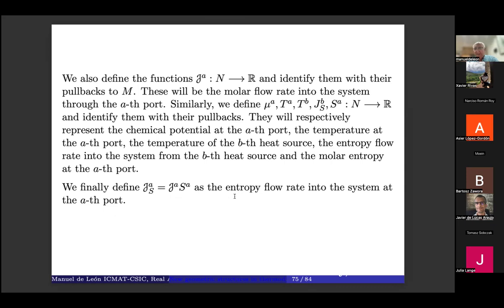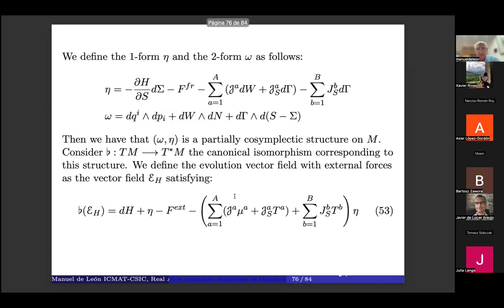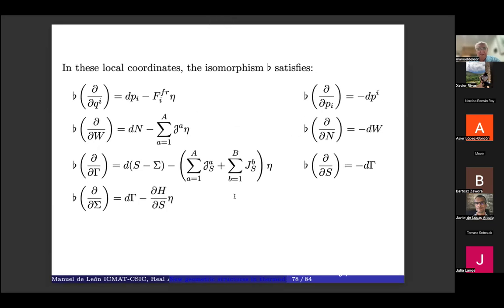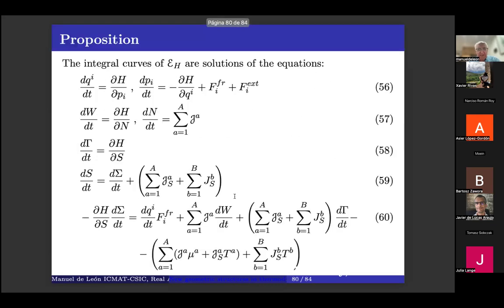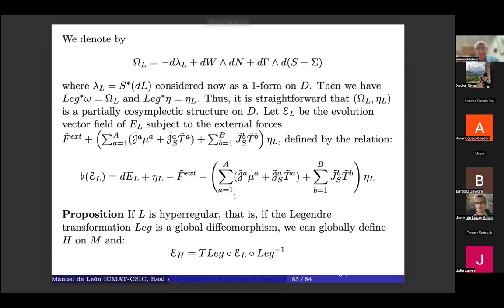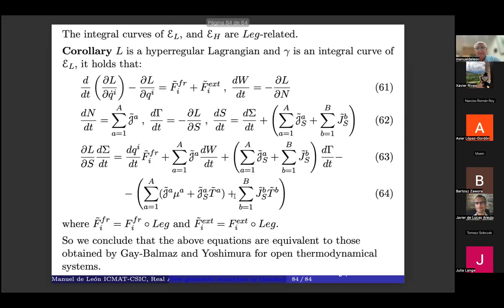There are these physical quantities that are interpreted by these functions, and we do the same again, because the trick is that you always have T star Q. And so we obtain exactly the equations obtained by Gay-Balmaz and Yoshimura.